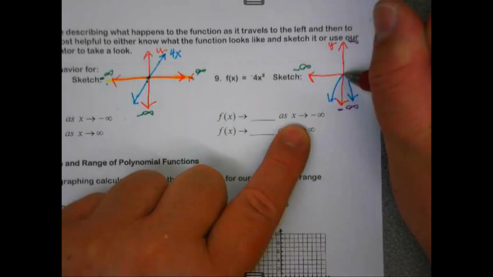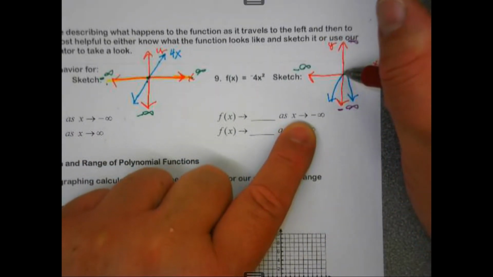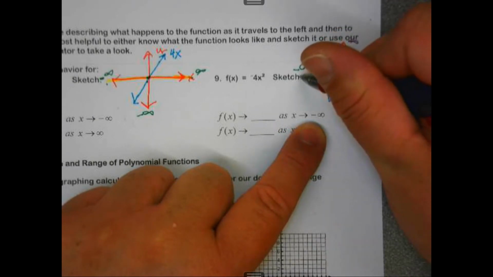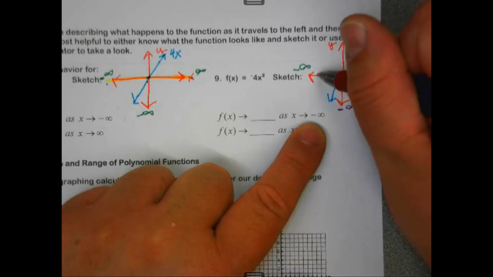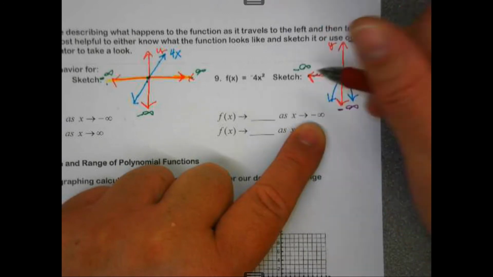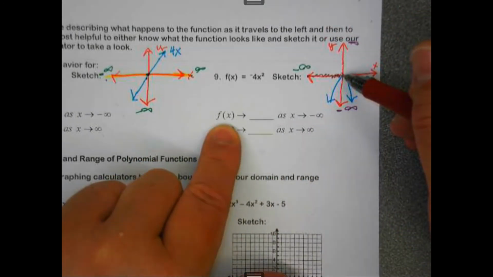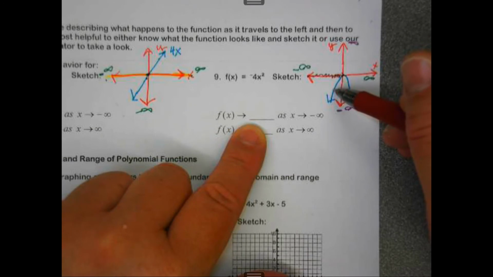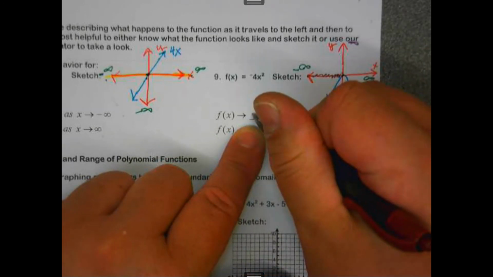Start at the origin. As my x approaches negative infinity or goes to the left, what's happening to my y, or the f of x? Well, it's going towards negative infinity.